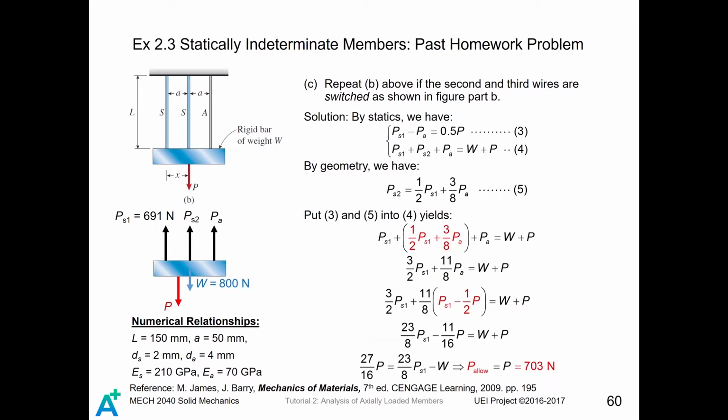Actually, at this moment, we have 3 equations. Recall that our ultimate goal is to find the allowable load P. Therefore, for those 3 equations, we solve for P. Do a lot of substitutions and calculations. You will eventually get P equals 703 newtons.